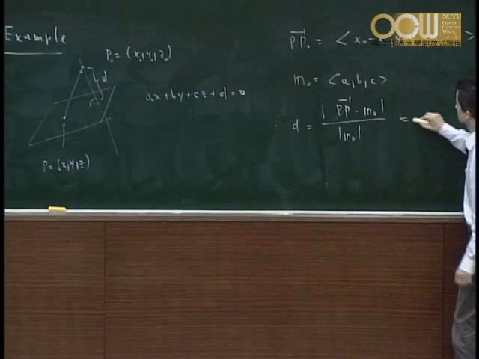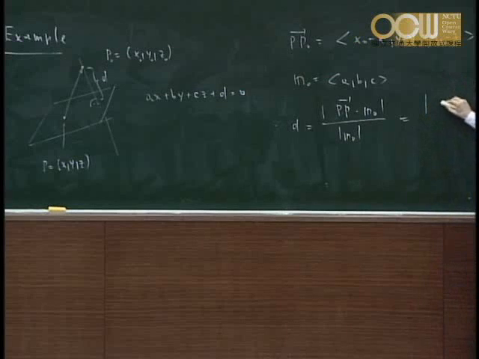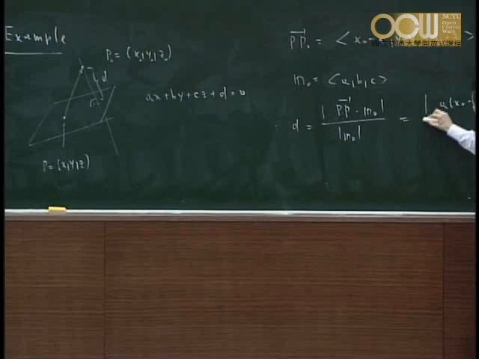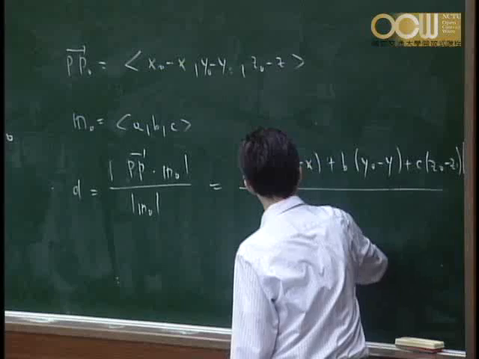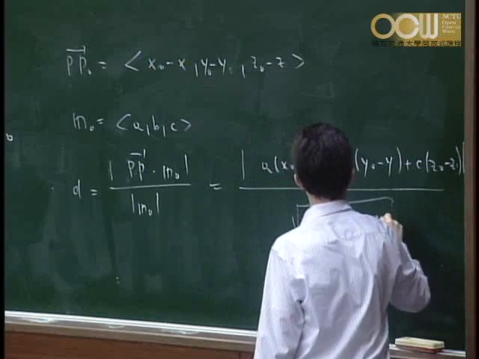Okay, and you see that what you get here is A times x0 minus x plus B times y0 minus y plus C times z0 minus z over, and the length of this vector is given by this formula here.